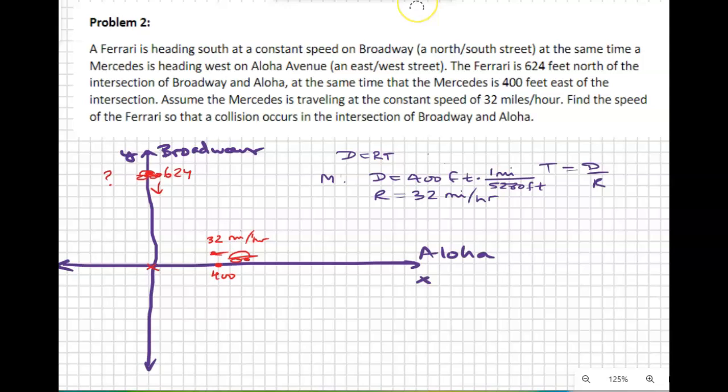Okay, let me get rid of this actually. So we have 400 divided by 5280.